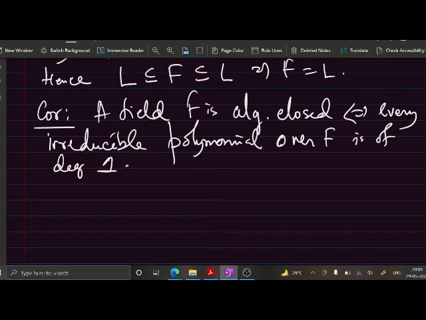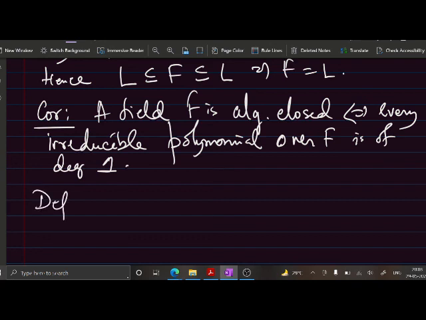Okay, so if you can find out an algebraic extension which will be algebraically closed, is defined to be an algebraic closure of that field.